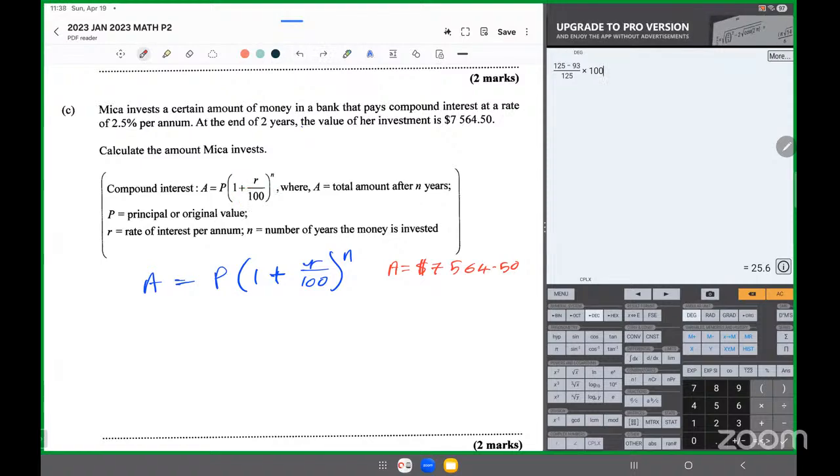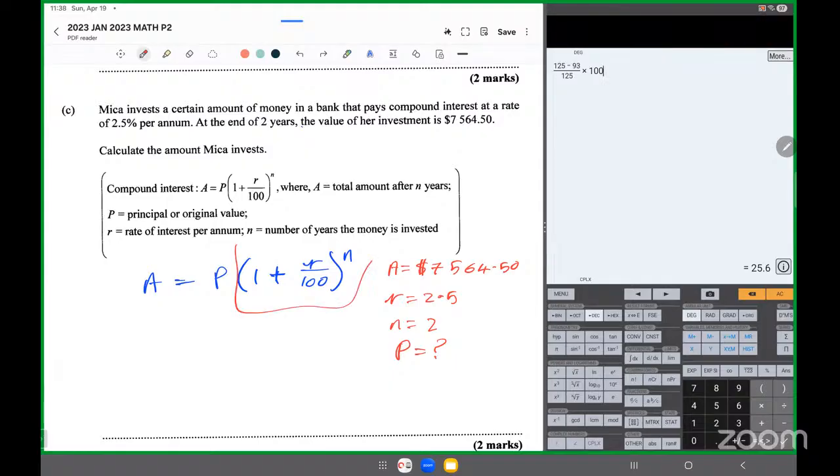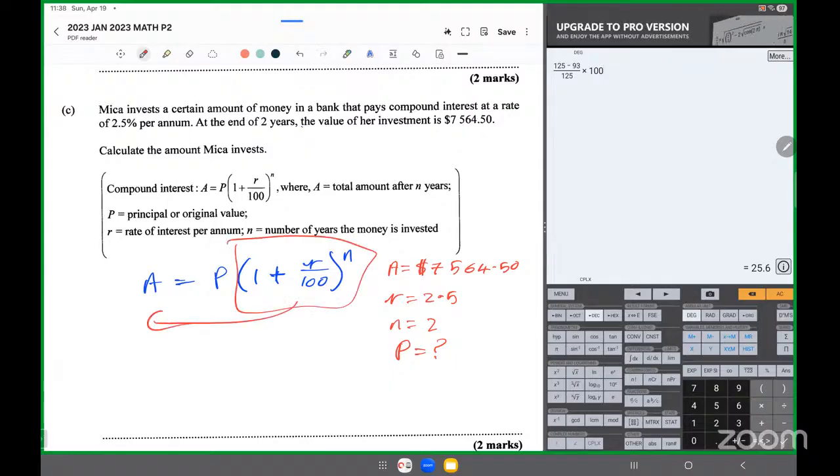So the R is 2.5. And the time, the N, is 2 years. And we're trying to find the P. The P is what we don't know. So we need to make the P the subject. To make the P the subject, we can take all of this expression and divide it under the A to leave P as the subject.